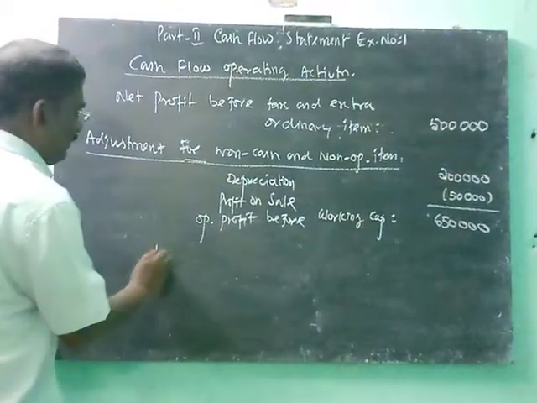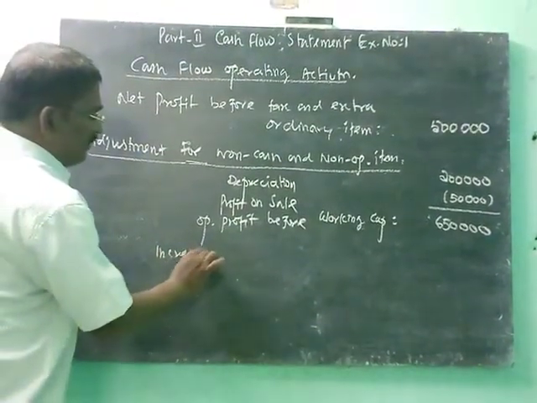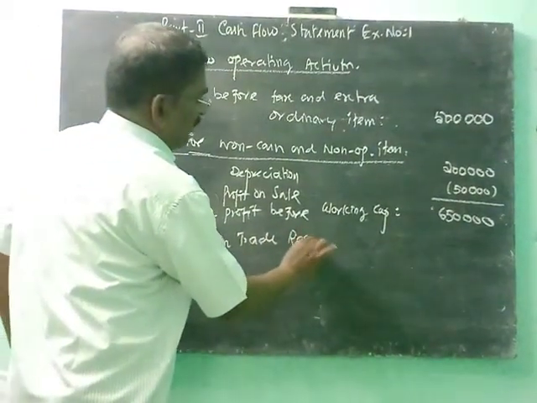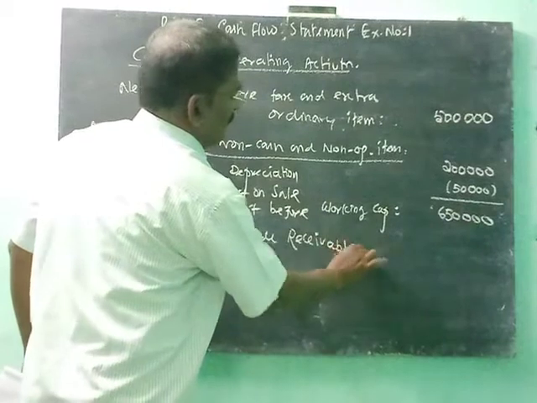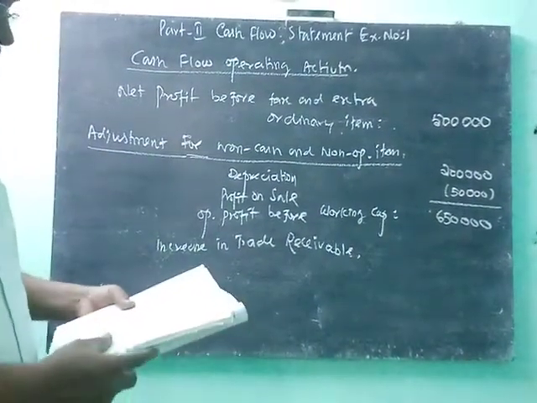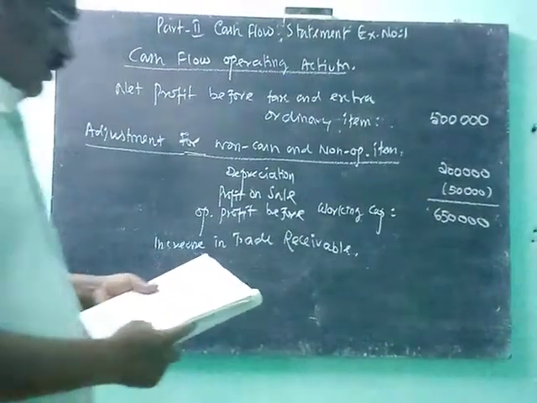Number 1, increase in trade receivable. Trade receivable is a current asset, so with an increase in trade receivable, you subtract.